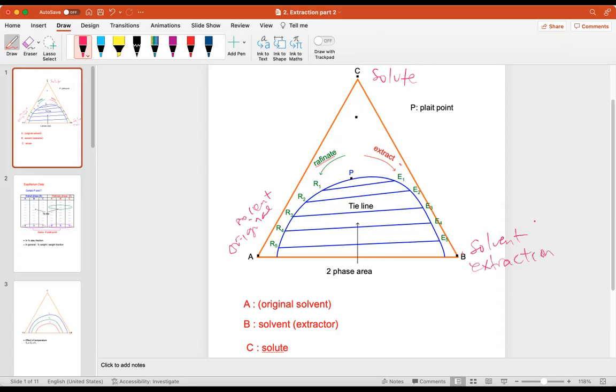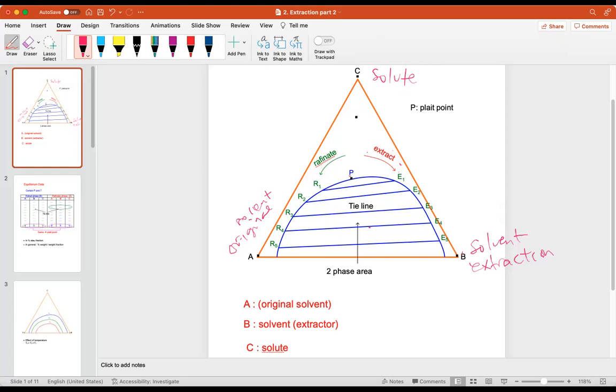Of course you want to have a very high extract, so the high extract should be around this area if possible. But if your equilibrium curve doesn't permit that, maybe this is the maximum. This one tells you the plait point, where there is no separation between E and R, and this is just outside the range for equilibrium.